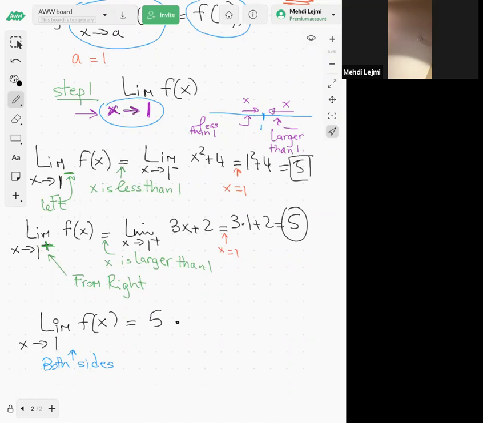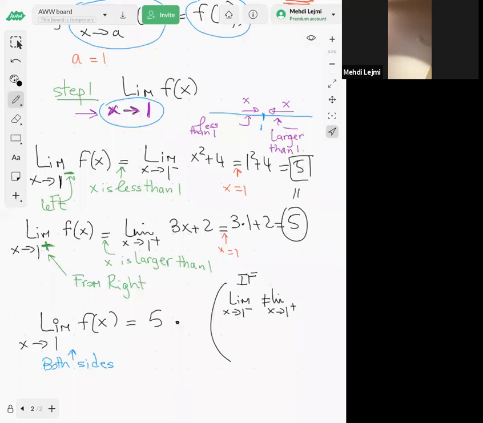Okay. So if the limit from the left, guys, is different from the limit from the right, then this limit from both sides does not exist. Okay, so just to remind you, if the limit from the left is different from the limit from the right, which is not our case. In our case, they are equal.